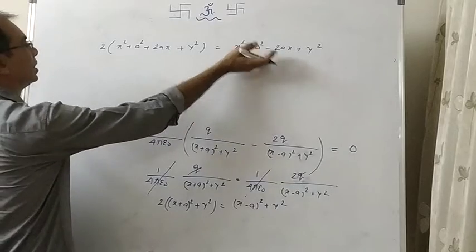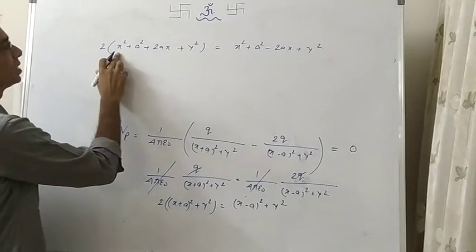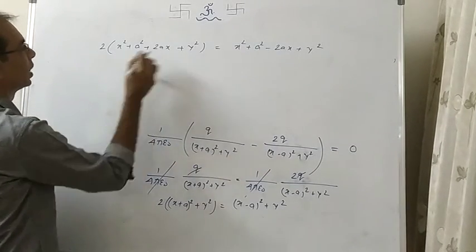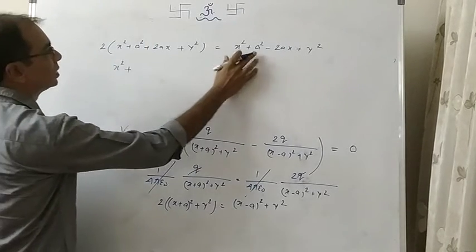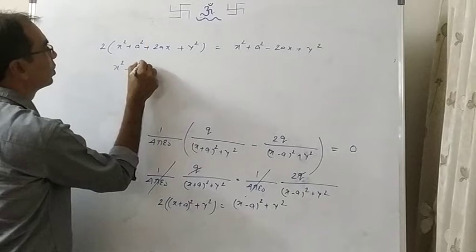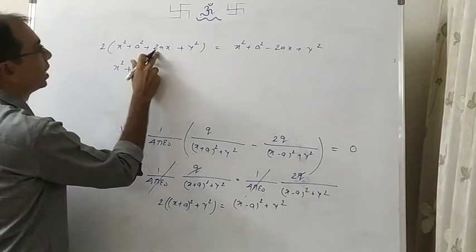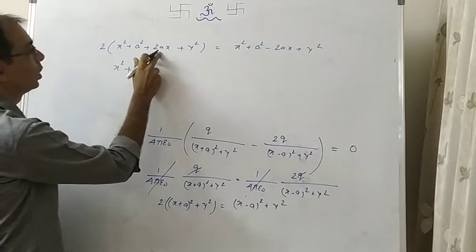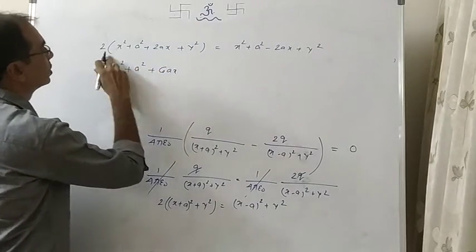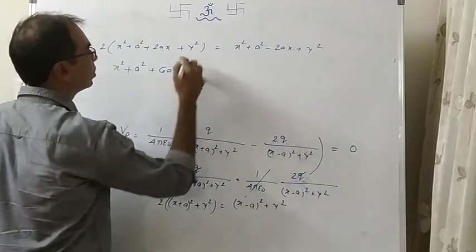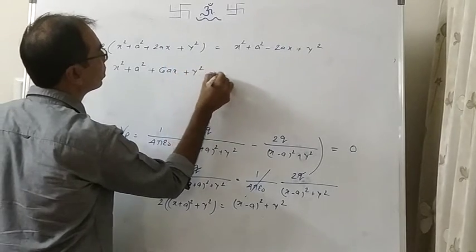Taking the entire term to this side: 2x square minus x square is x square, plus 2a square minus a square is a square, plus 4ax plus 2ax is 6ax, plus 2y square minus y square is y square, equal to 0.